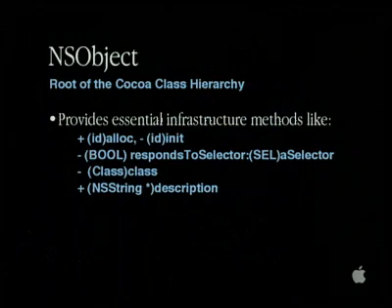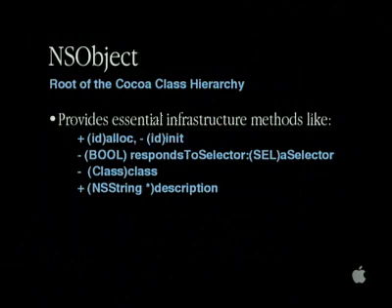So first, NSObject. NSObject provides base functionality that just about every other class in Cocoa will take advantage of. It helps bootstrap your objects and get them up and running. In fact, in Objective-C, there's no specific syntax for working with constructors, but NSObject does define 2 methods to help here, alloc and init.